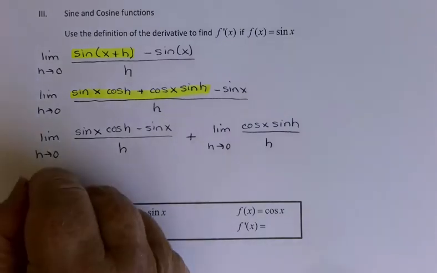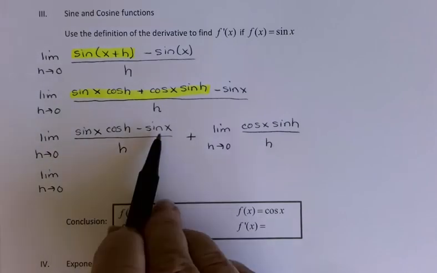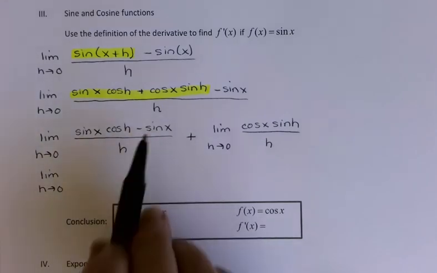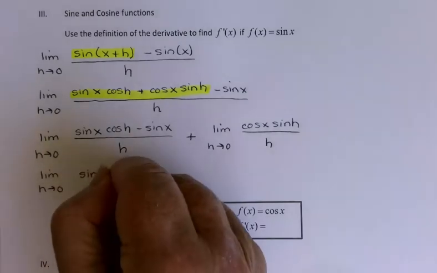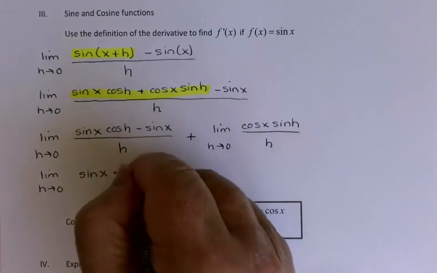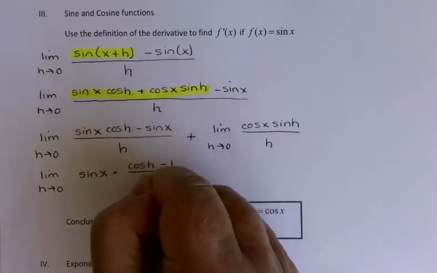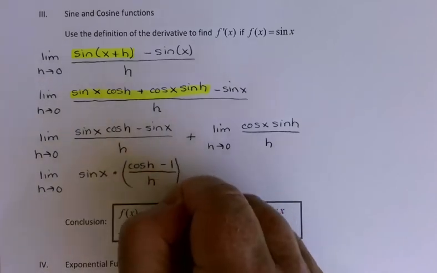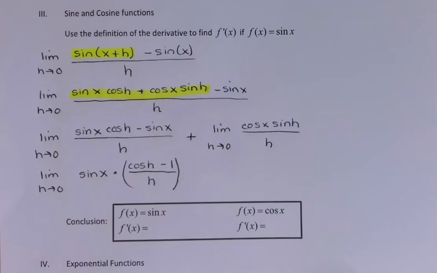All right, starting to see the light at the end of the tunnel here. If I were to factor out the sine x from this numerator, what I'd have left is cosine h minus 1 over h. And that's starting to look a lot like one of those special limits that we studied. We'll go back and take a quick look at it on the sheet, but I'm feeling pretty good about that.